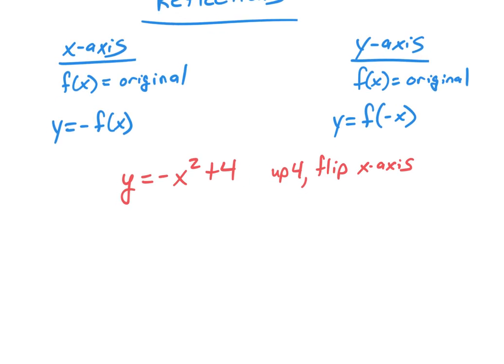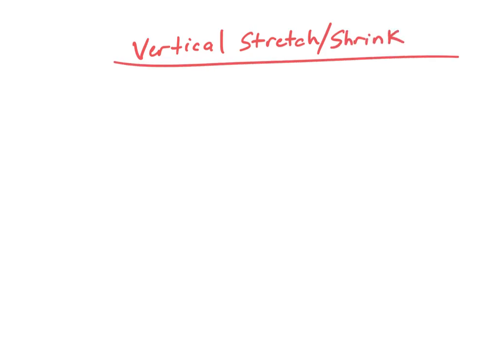Going back to our rules that we talked about just a second ago, there are two of these, and we're going to break these up. The words that they're going to use are a vertical stretch or shrink.